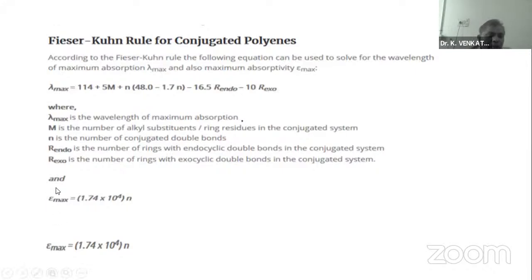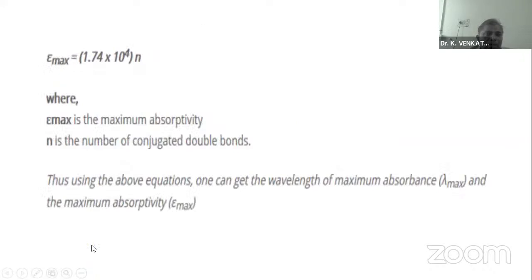So what is the value? The molar absorptivity equal to 1.74 into 10 to the power of 4 into N. So this is the formula, where epsilon max equals maximum absorptivity, and N is the number of conjugated double bonds.